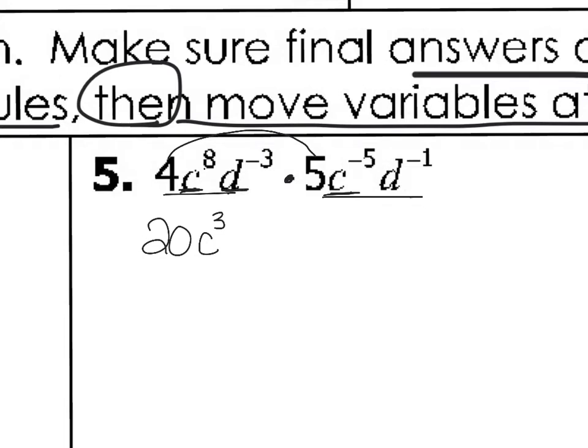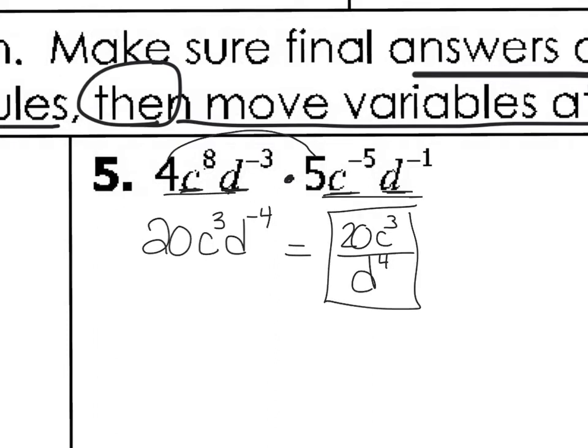And then d's, d to the -3 times d to the -1. So -3 plus -1 is d to the -4. So 20c cubed are fine where they're at. Move d with a -4, flip it to the bottom. And that will be your answer.